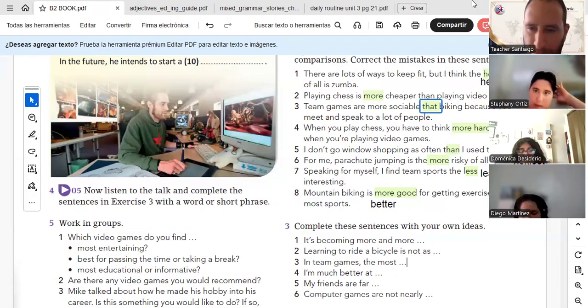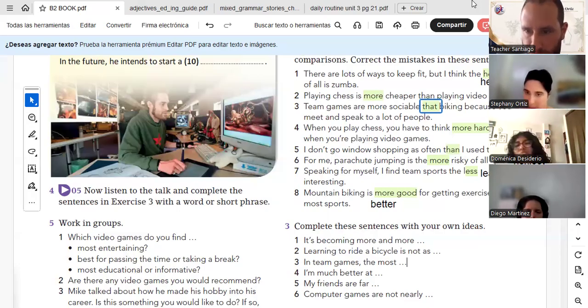Okay. It becomes more popular at school. Learning to ride bicycle it's not as difficult as it seems. In team game, the most important thing is cooperation. I am much better at tennis than football.